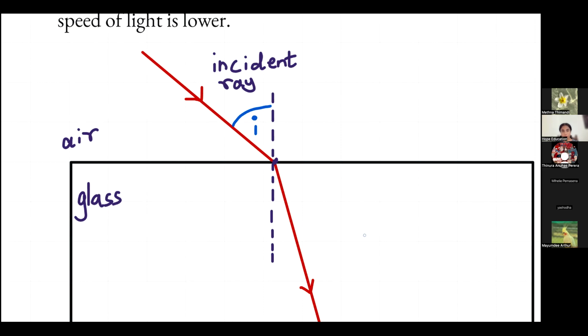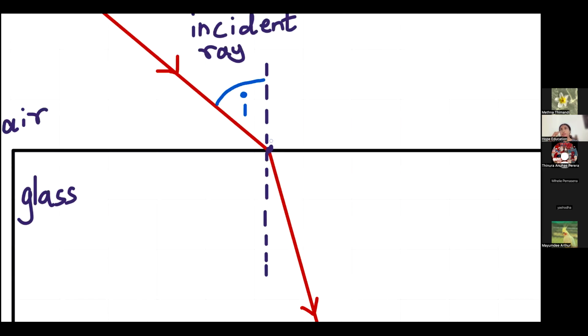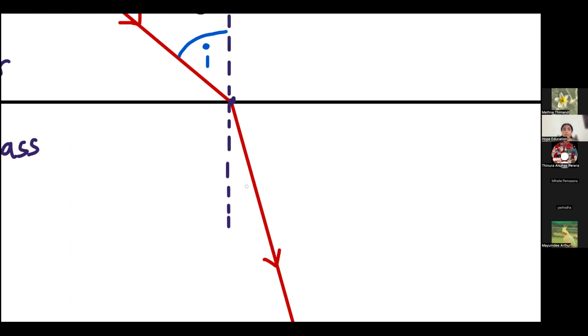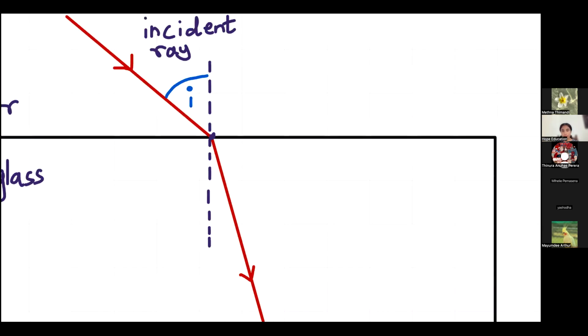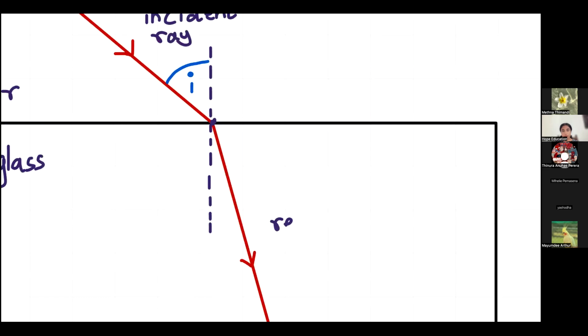Everybody? Okay. Now it is refracted. That means the light ray goes to the other surface, to the other medium, but it bends. So it is refracted, therefore I call it the refracted ray.